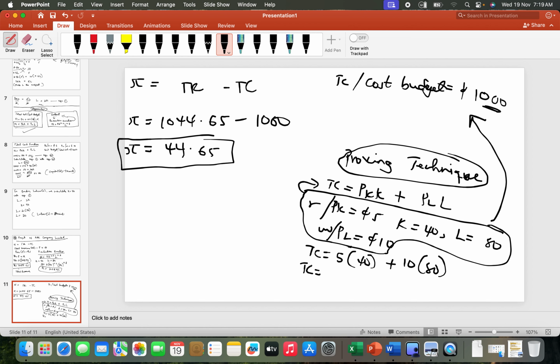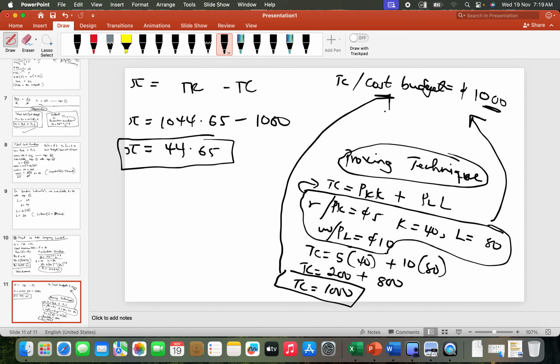So let's do it. 5 times 40 will give us 200. 10 times 80 will give us 800. So total cost is equal to 1,000 cedis. So this is how we prove this. So it means what we've done is actually correct.